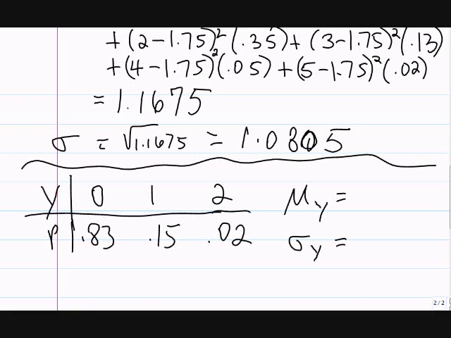Okay. This is a simple one. See, this only has 3 terms. Can you find your mean and your standard deviation? Mean is 0.19, so the average number of motorcycles per household is about 0.2 motorcycles. Standard deviation.